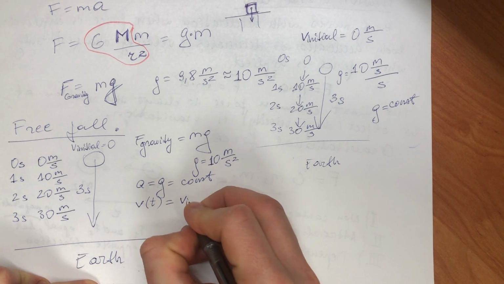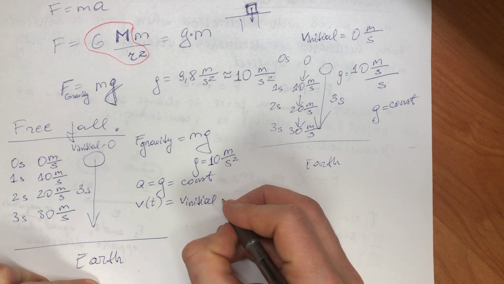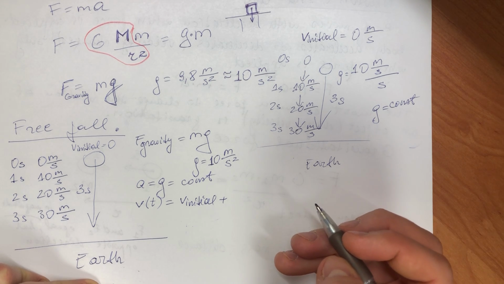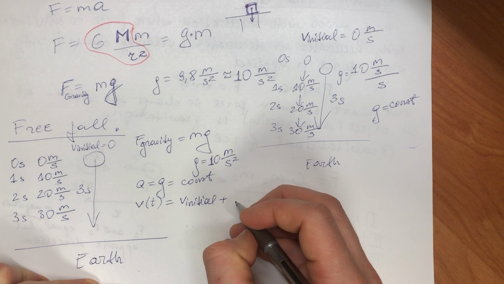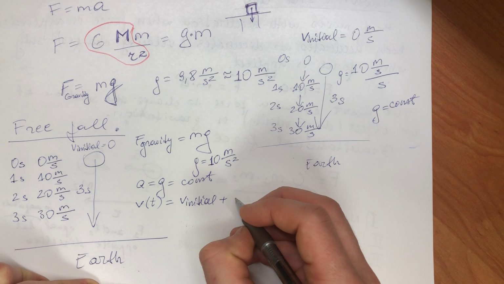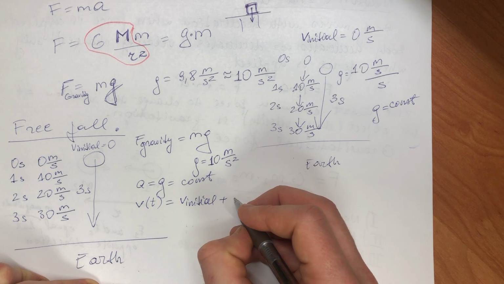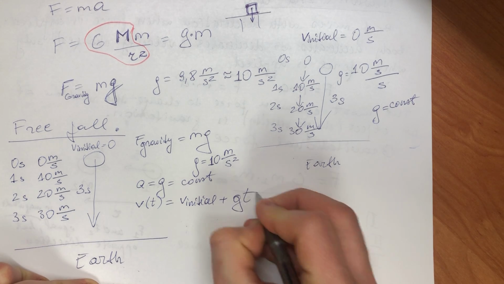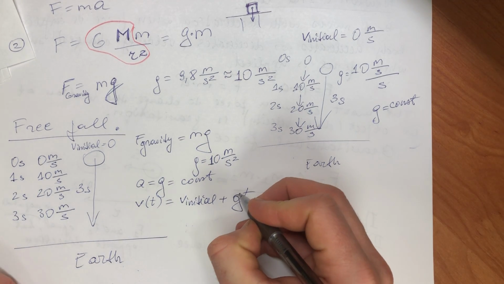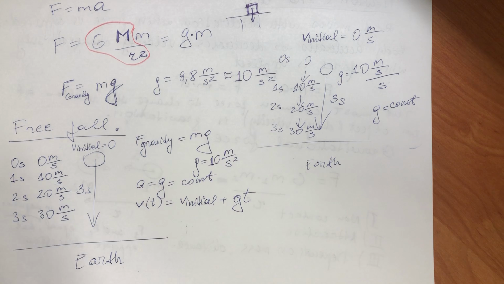It will be V initial plus g t, or it can be written in more general form as a t, when we don't refer to the gravitational field.